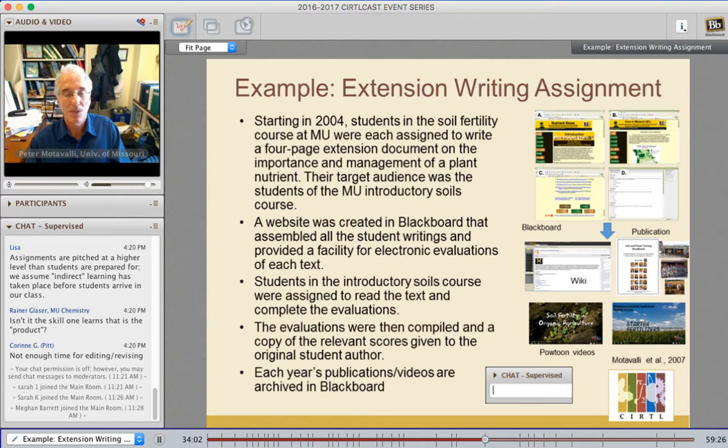And what we do with all of these is we've been archiving them. So they're on the Blackboard site, and then the next year's students can use them as references. So here we again have that idea of a legacy, which is not just for one year. So any comments about that?